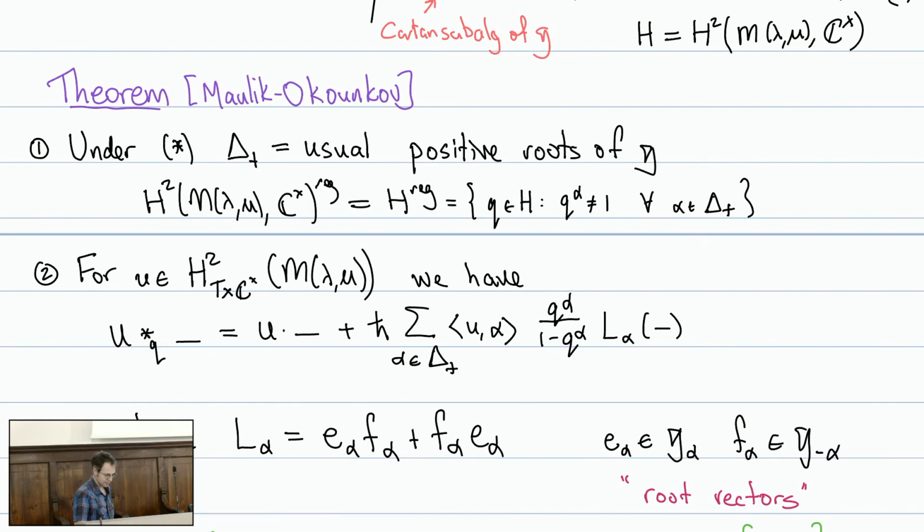This L alpha will be given by the combination E alpha F alpha plus F alpha E alpha. The reason you would expect something like this is that you have to get back to where you started: E alpha will change you from one quiver variety to another, changing the mu, but E alpha F alpha will take you there and then take you back.